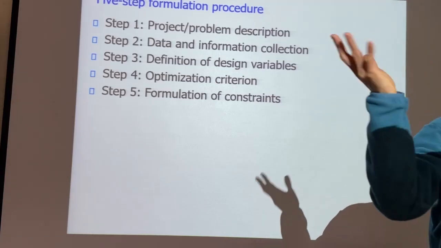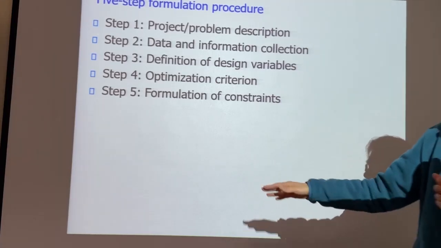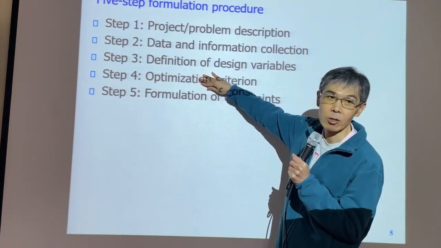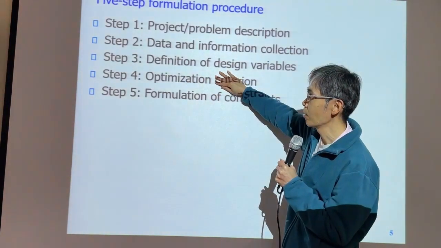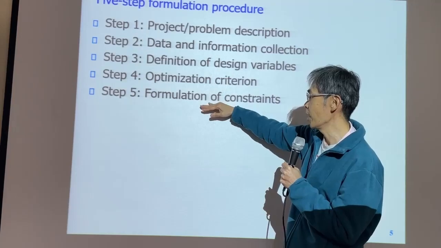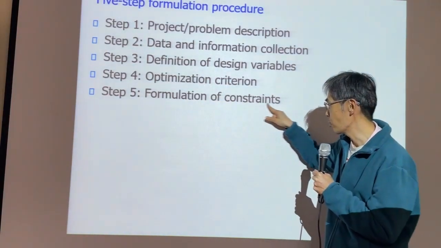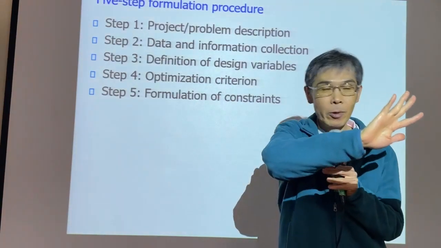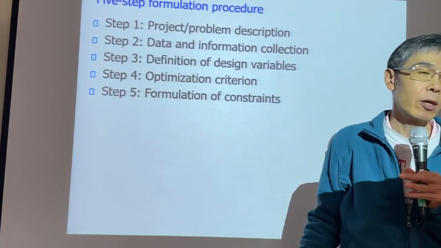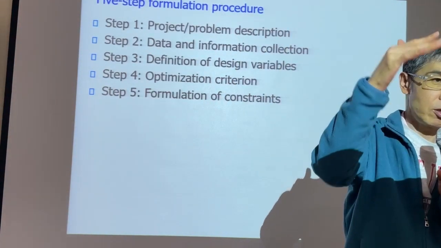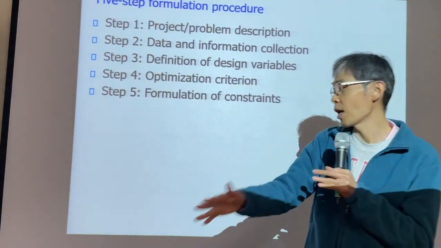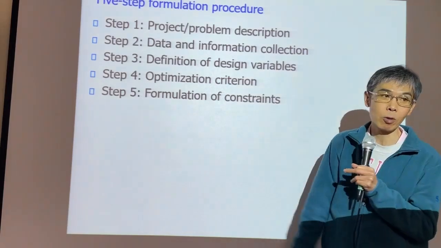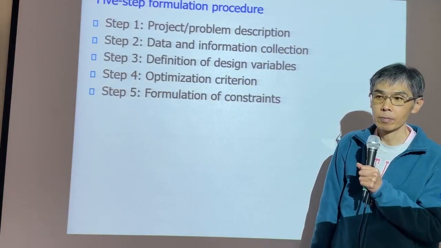The implementation package, we just get the software to do it. Then after that, constraints. You have design variables, but the design variable cannot be any value. We need some upper limit and lower limit. Those are the constraints, the constraints of all these design variables. Okay?